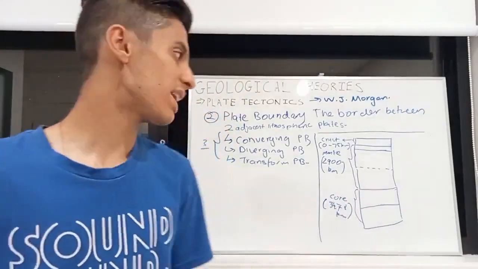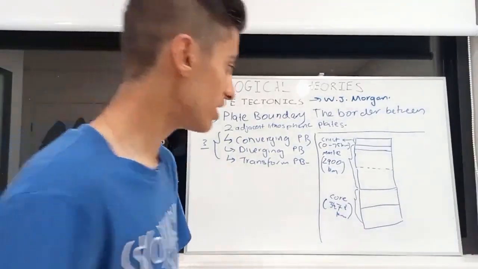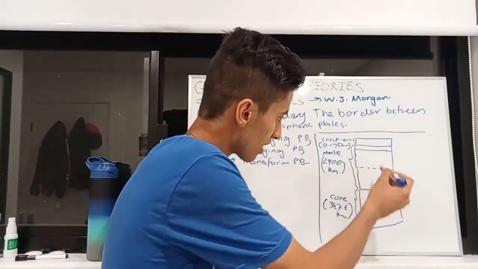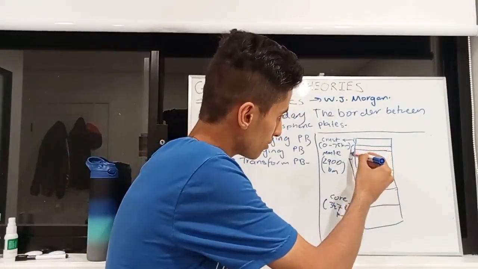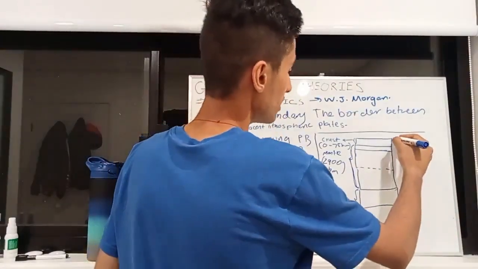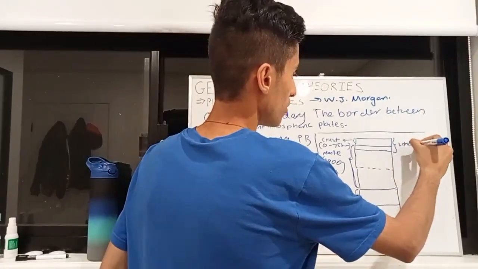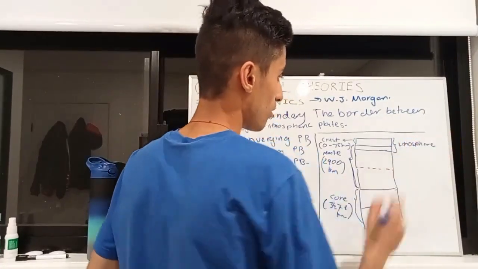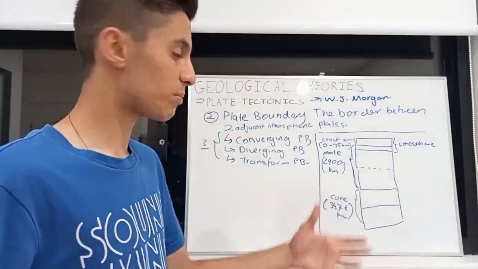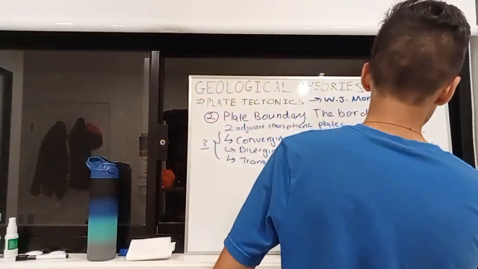Now, another way to look at it is in terms of lithosphere and asthenosphere. First of all, let's quickly take a look at our mantle. We identified this as our mantle. When it comes to lithosphere, this part is our lithosphere. What's the difference? The lithosphere can be defined as the crust plus the uppermost solid mantle.